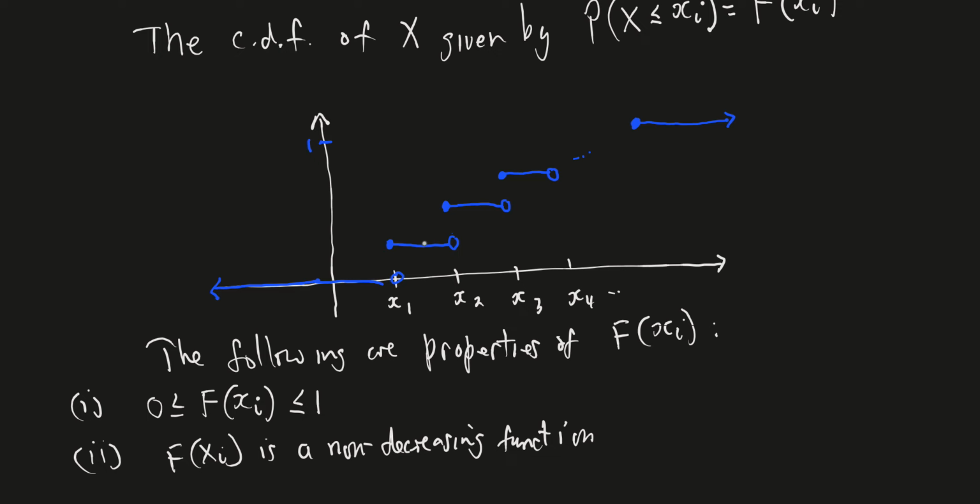So it's not always going up, but what is always true is that it never goes down. There's a difference between saying that something always goes up versus saying that something never goes down, right? So our function here, our CDF, is a non-decreasing function, right?